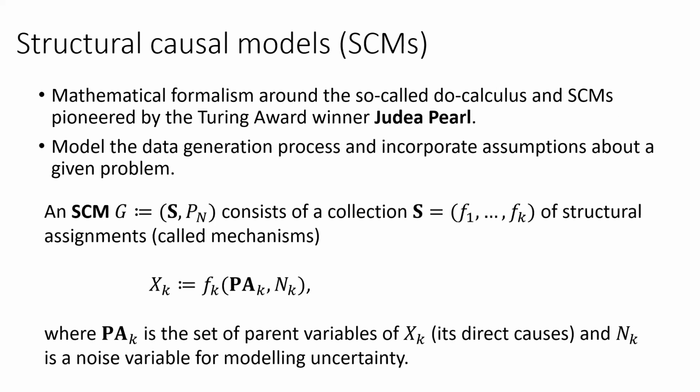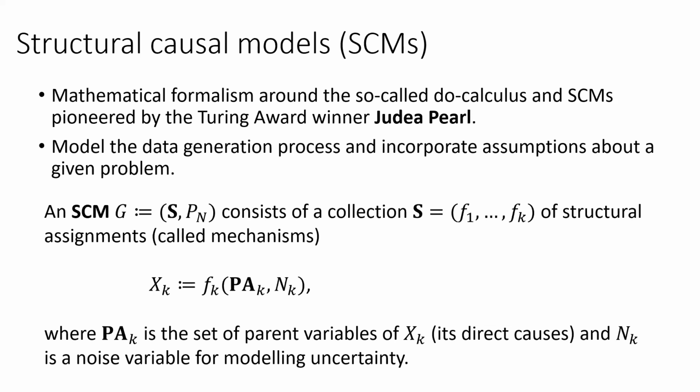The mathematical formalism around the so-called do-calculus and the SCMs has allowed a graphical perspective to reasoning with data, which heavily relies on domain knowledge. And this formalism can model the data generation process and incorporate assumptions about a given problem. The SCM can be defined by the following expression.